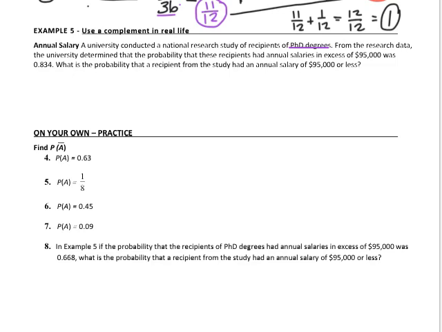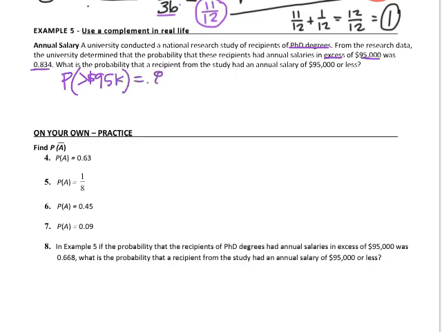From the research data, the university determined that the probability that these recipients had annual salaries in excess of $95,000 was 0.834. So most people who have a PhD earn more than $95,000.